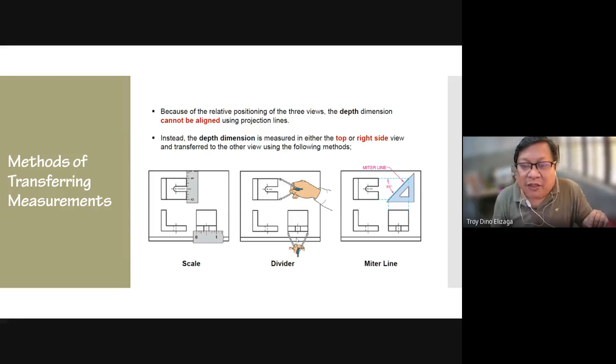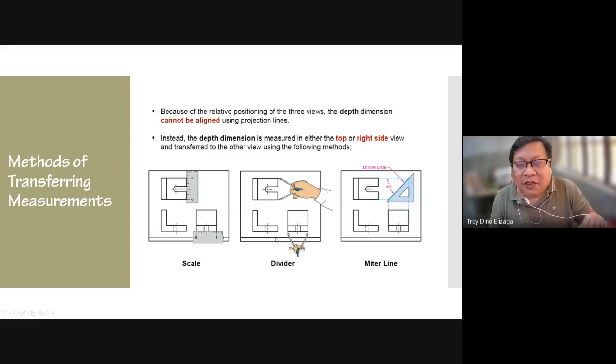Or a miter line, which is basically your 45-degree triangle. You project vertically, and where it hits the 45-degree line, it projects horizontally towards your drawing.